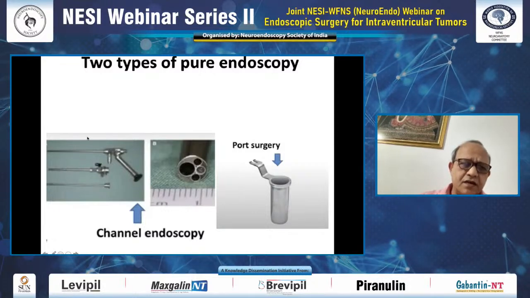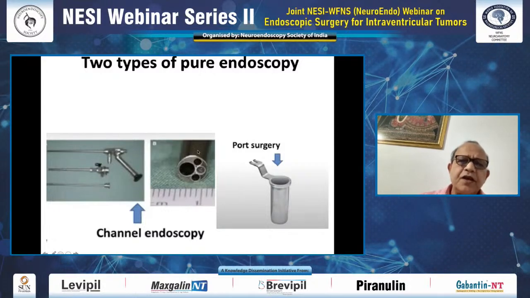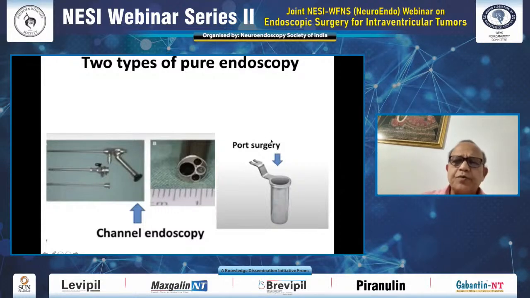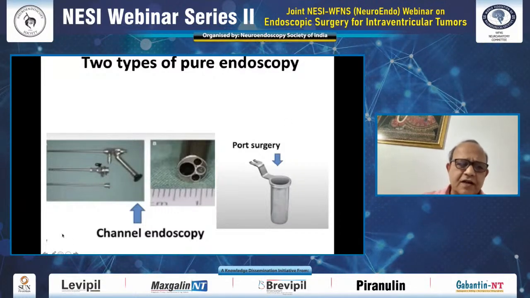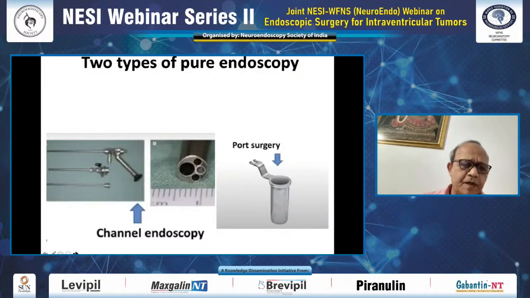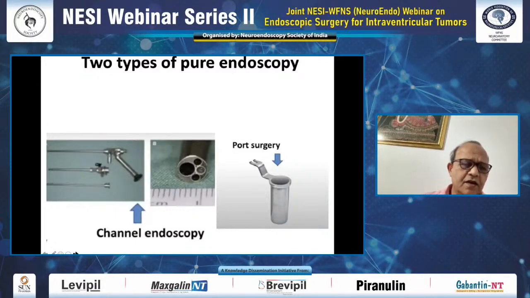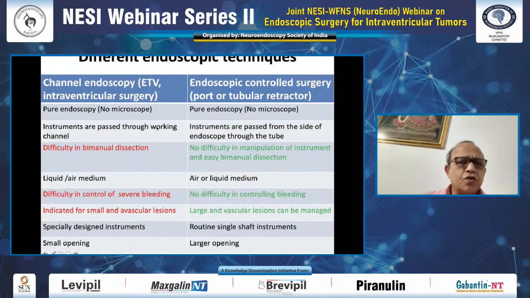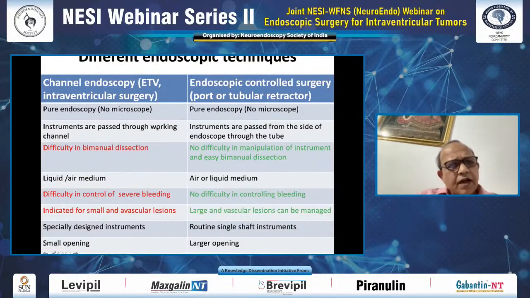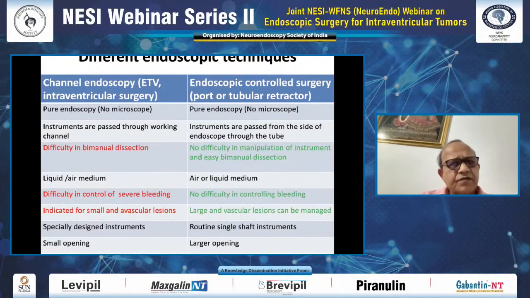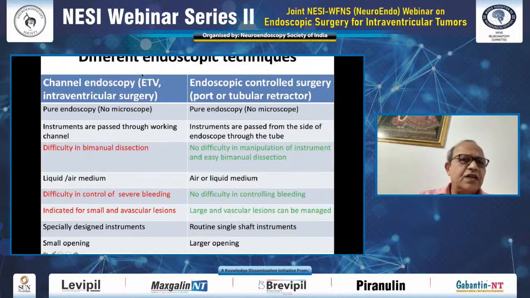So there is channel endoscopy, and there is port endoscopy, or a tubular retractor can be used along with the endoscopic surgery. So we need to know the various different approaches which can be used in endoscopy.